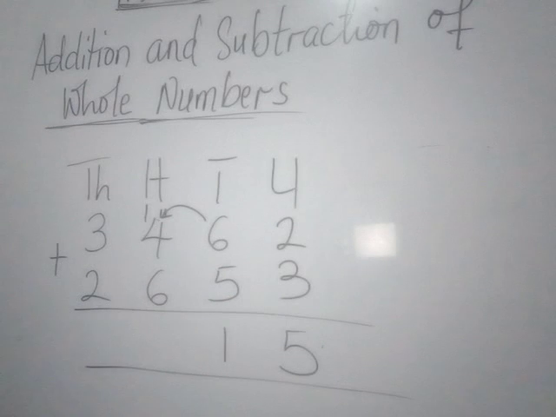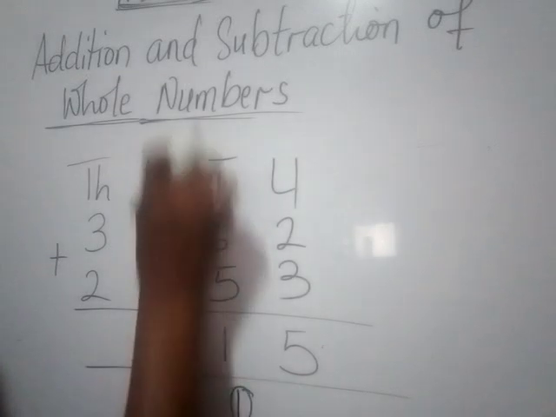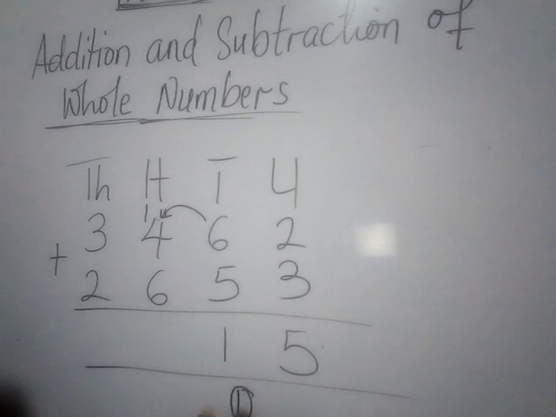So we put down the unit value down here and we move the other to the other side. Now, because it is supposed to be 11 tens, and we cannot house 11 tens under the tens column, we will take 1 ten. This first one here is 1 ten, and then the remaining 10 tens, remember 11 is 10 and 1, isn't it? Since this is under tens, that means this 1 and 1 is 11 tens.